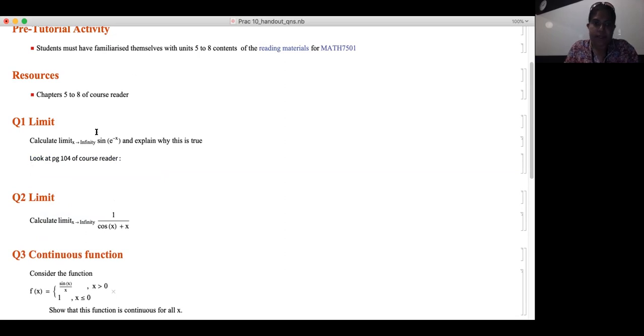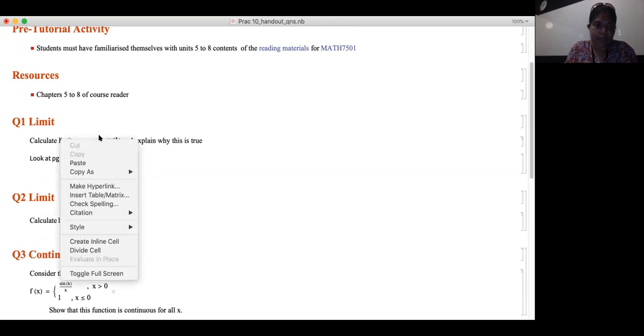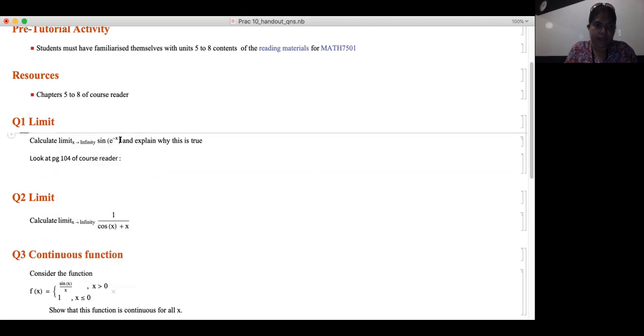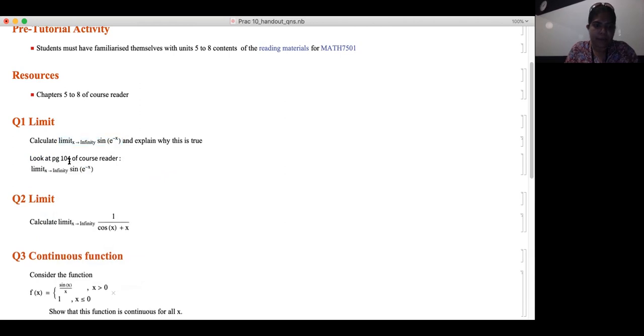So this is a function of a function, so sine of another function. So what you need to do is compute the limit as x tends to infinity of e power minus x first.